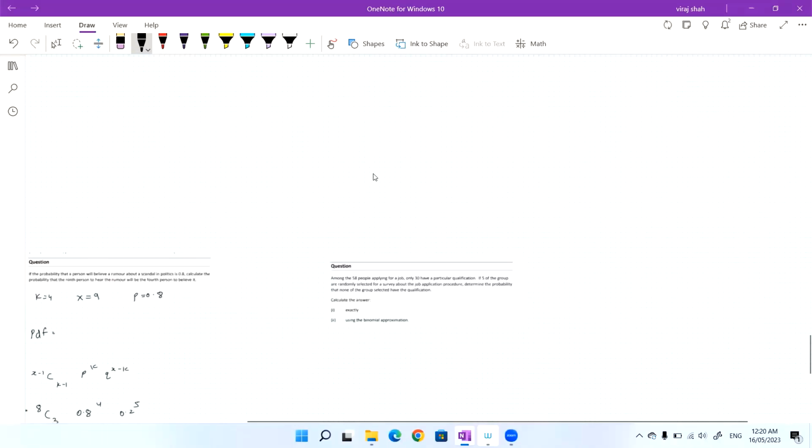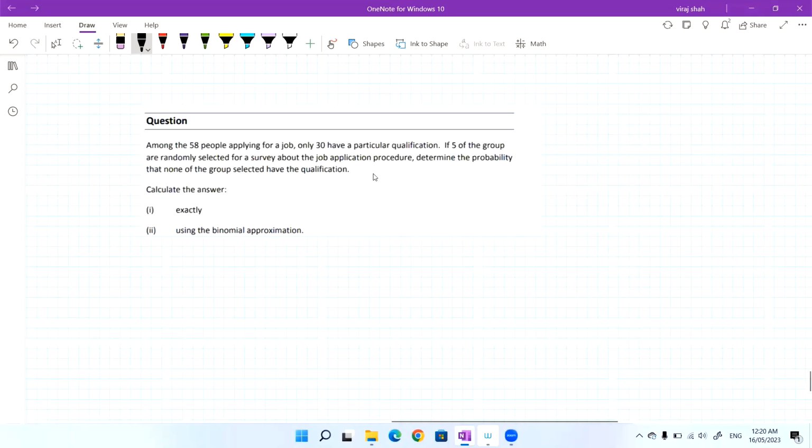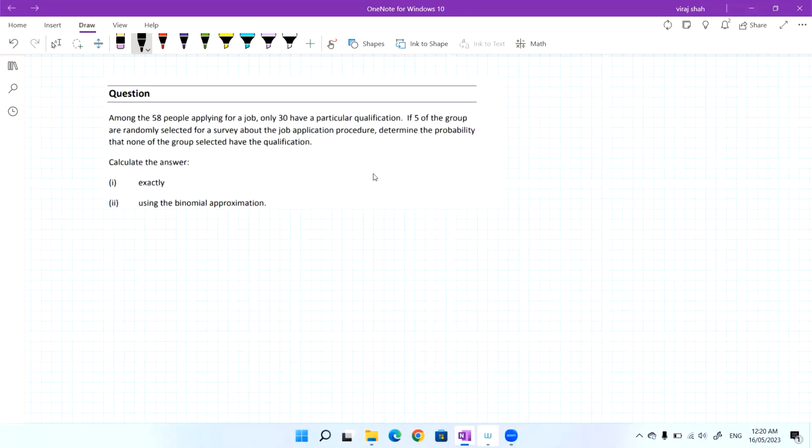So let's understand this with respect to one example here. It's going to be a very easy sum, so please do not worry. Let's start with reading the question. Among the 58 people applying for a job, the total number as per the complete sample size is 58. So capital N is 58. The second factor, only 30 have a particular qualification.